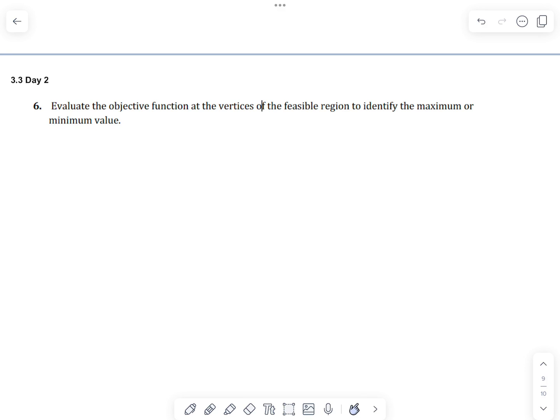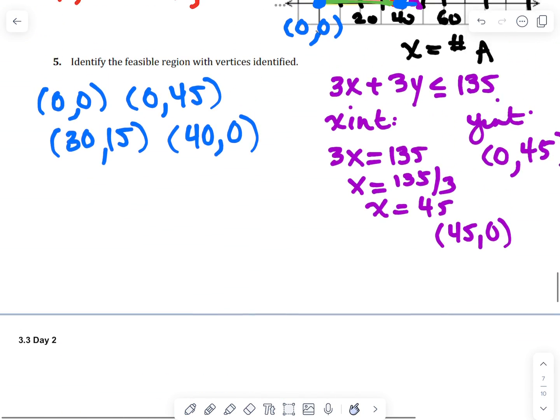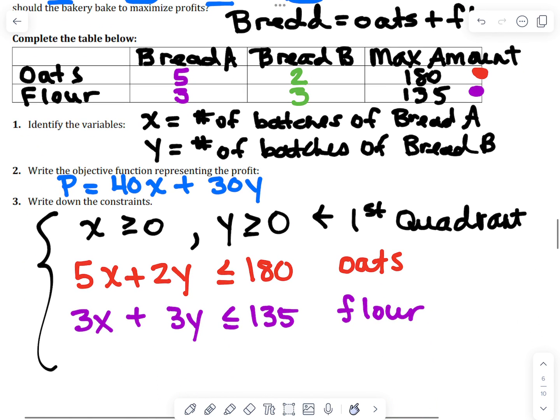Step 6 now says evaluate the objective function at the vertices. So our objective function is this blue equation in step 2. It's your profit.